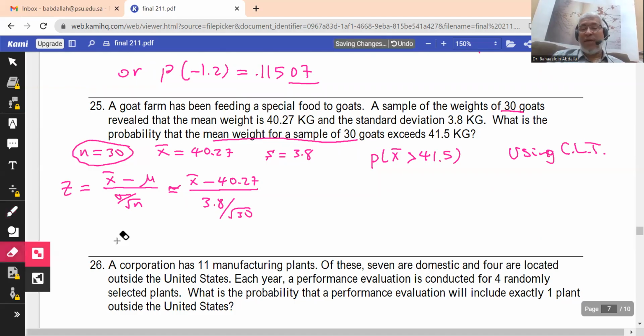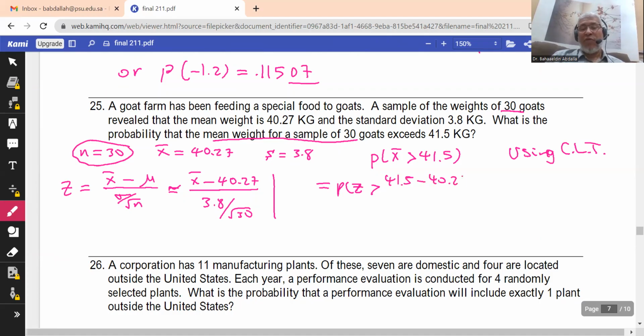And X bar here, the one I need to change, is 40.27. So I say this is equal to the probability that Z is greater than 41.5 minus 40.27 over 3.8 over square root of 30.